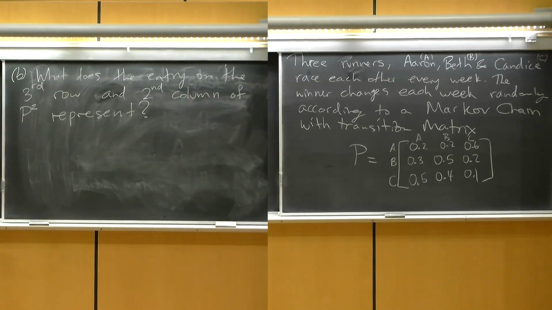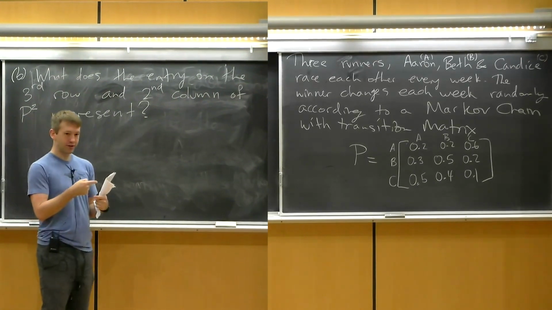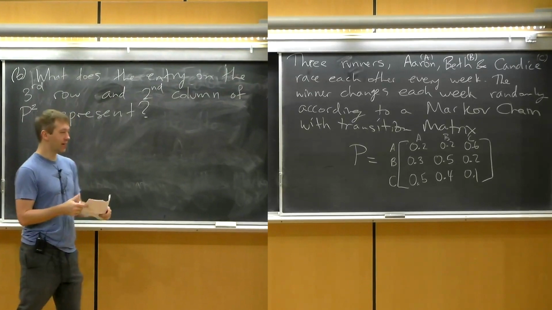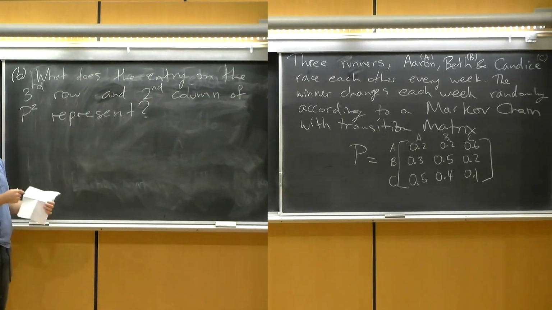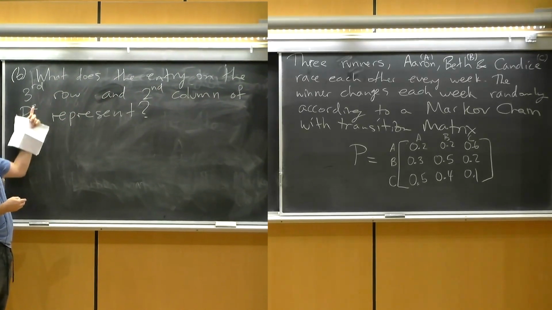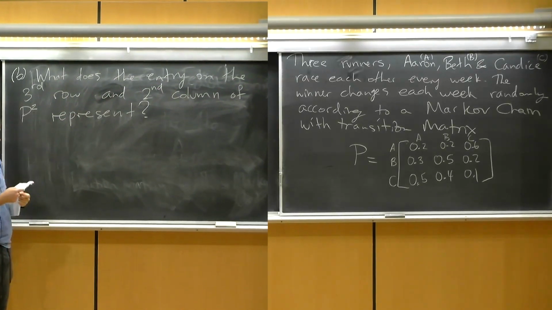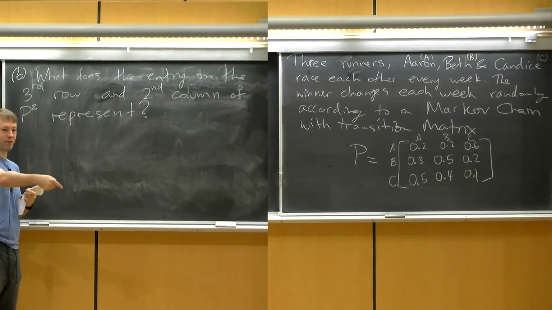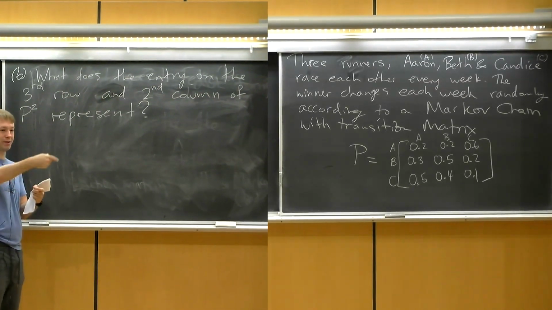So what this is going to represent, it turns out, is if we assume that Candace wins this week, then the entry on the third row and second column of P squared will tell me the probability that Beth wins 2 weeks in the future. So not the probability that she wins next week, but the probability she wins the week after that.